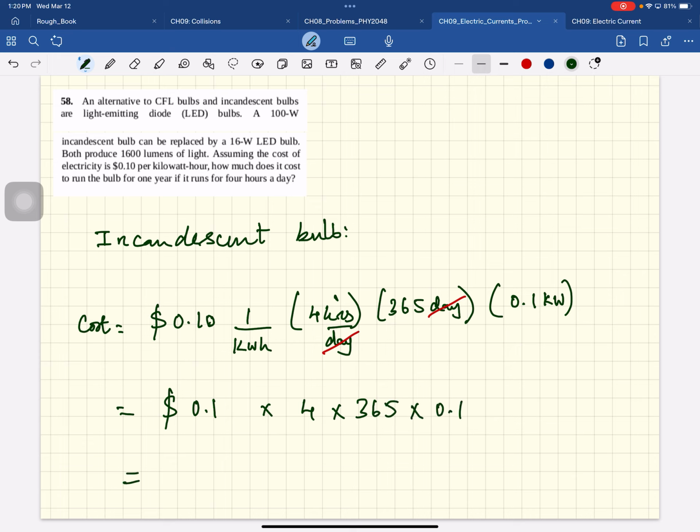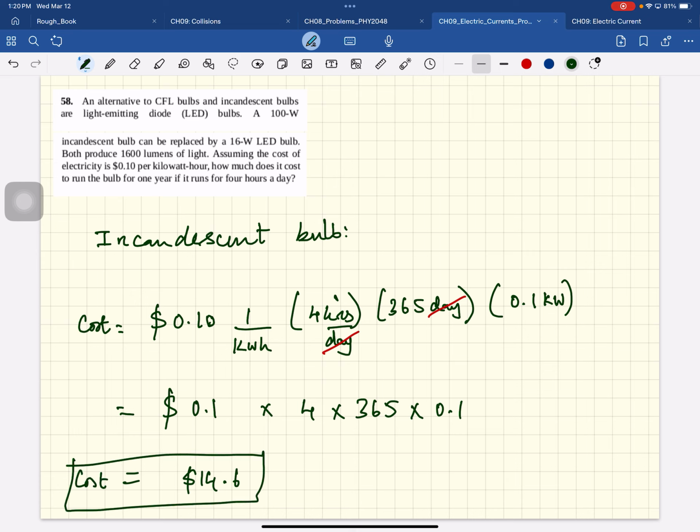So that's how much it costs you to keep that 100-watt bulb lit 4 hours a day. $14.60.